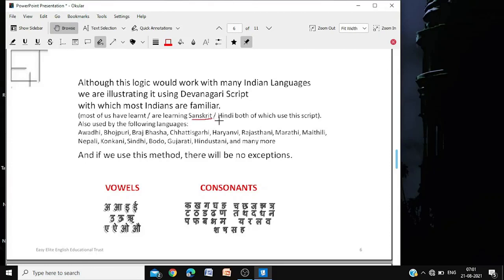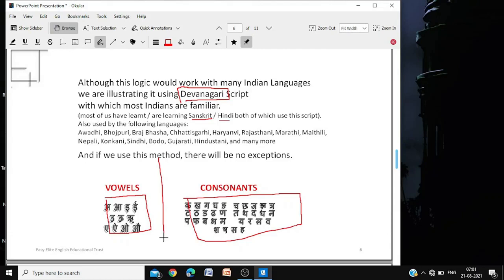Now in Devanagari script, the vowels form a completely separate group and the consonants form a completely separate group. It's not like in English where you have an alphabet with vowels interspersed. You have a vowel group, a completely different set, and a consonant group, a completely different set.